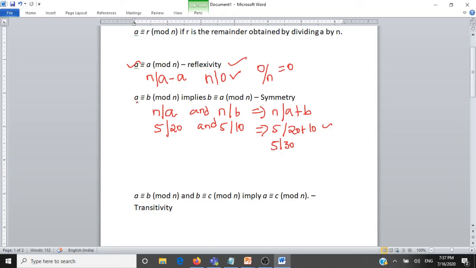When you say A is congruent to B mod n, what does that mean? n divides A minus B, according to the definition of congruence.